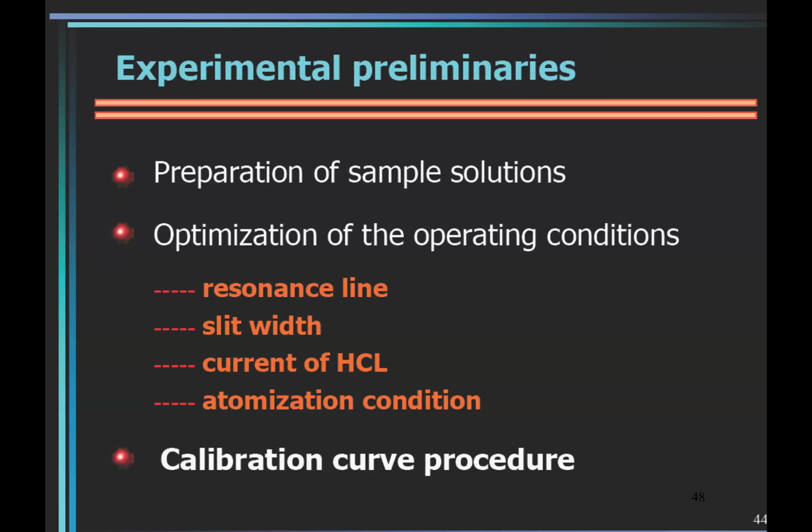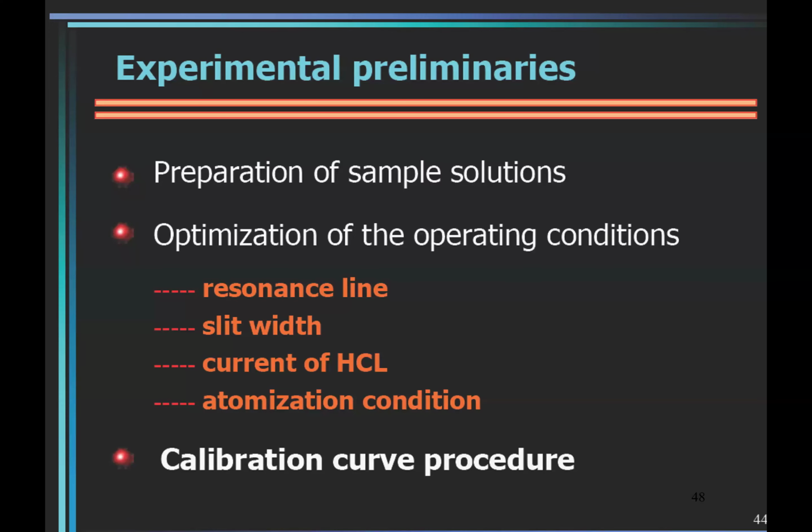Now, preliminaries. What do you do when you are preparing samples for analysis? This is general for all the techniques that we deal with. You have to prepare your standard solutions, and the next thing is to optimize the operating conditions. Most of the experiments we just give you the parameters, but in the lab you have to optimize those.